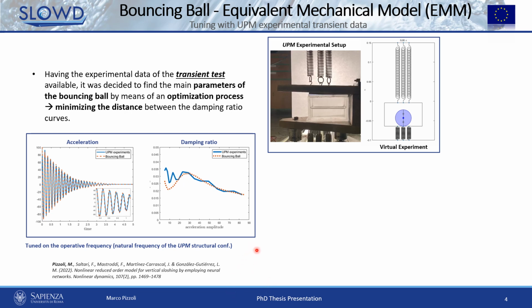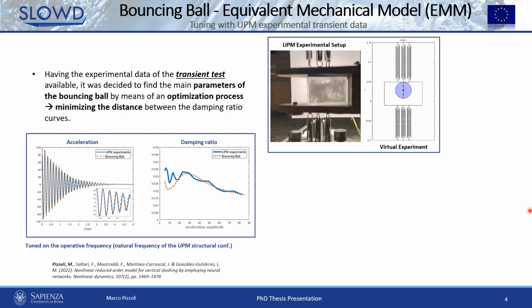Here we can observe comparisons in terms of acceleration and damping ratio, while a qualitative comparison between the experiment and the simulation with the bouncing ball is shown in this animation.